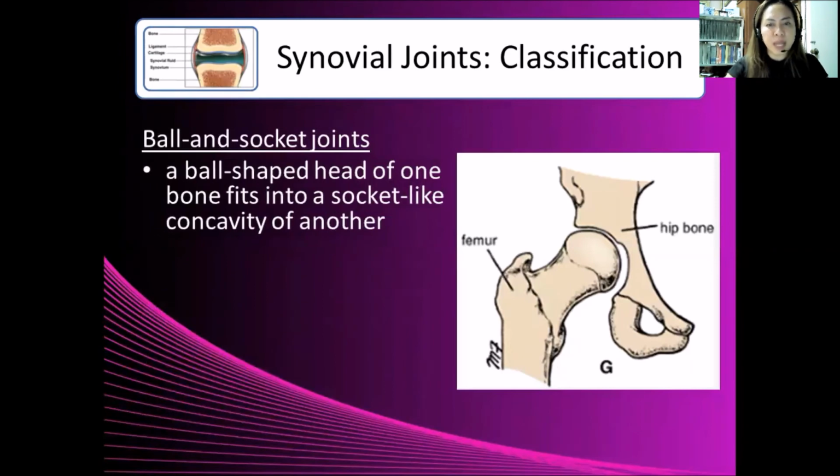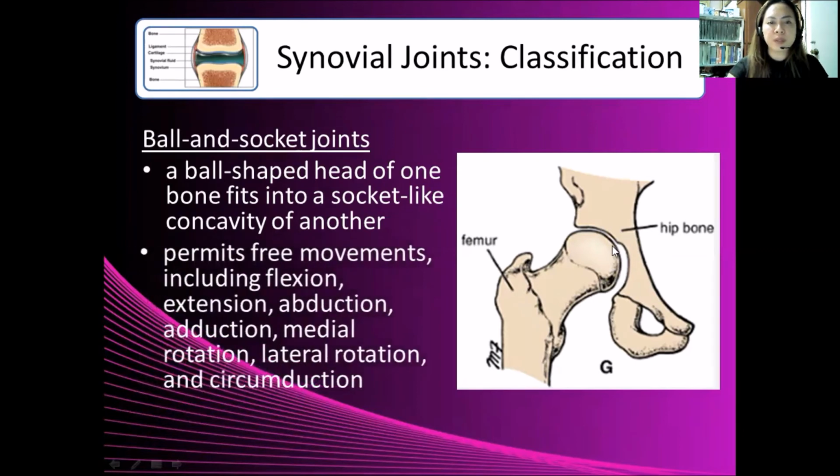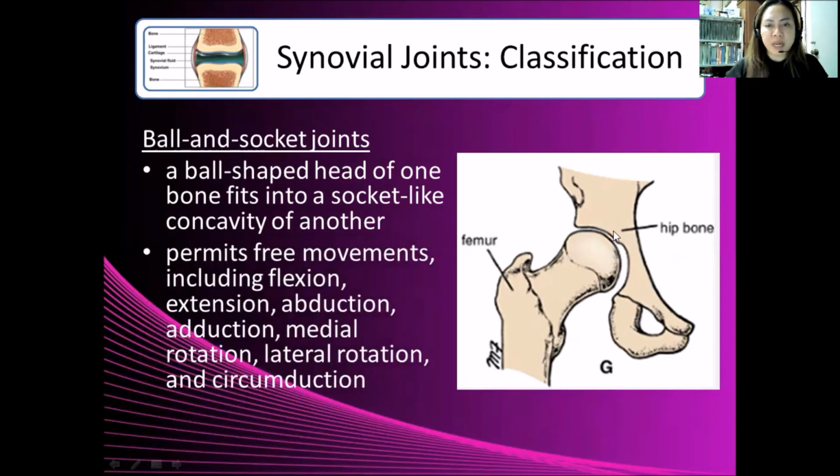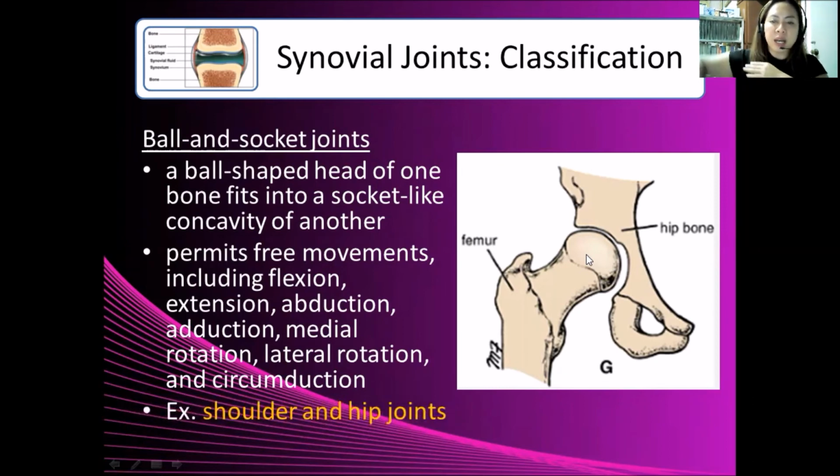A ball-shaped head of one bone, just like this one, the head of the femur, fits into a socket-like concavity of another bone. This is the hip bone. So, this permits free movements including flexion, extension, abduction, adduction, medial rotation, lateral rotation, and circumduction. Okay, shoulder, tsaka hip, that is a ball and socket joint.